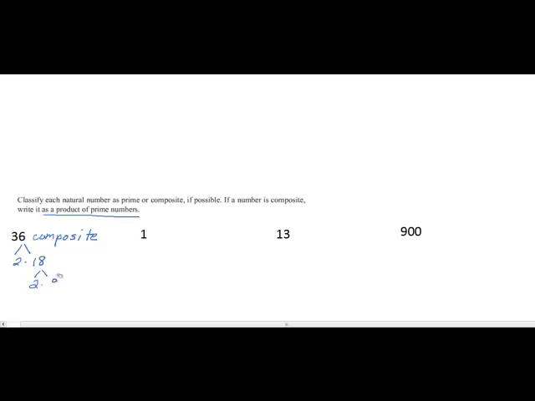That's a factor. 2 times 18. 18 is even. 2 times 9 is 18, and then 9 is factored as 3 times 3, right? So we have 2 2's, so 2 times 2 times 3 times 3, or you can write 2 squared times 3 squared, and that equals 36. And you know that 2 and 3 are prime numbers, so we've done what we wanted to do.